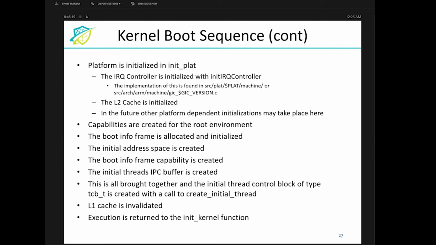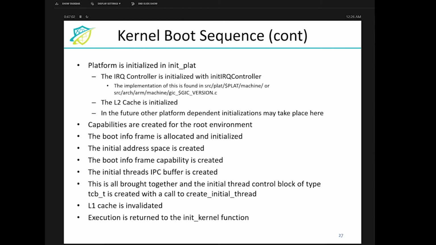The next thing that happens is we create capabilities for the root environment. So we set up the CSpace for the root thread. The boot info frame is allocated and initialized. Initial address spaces are created. The boot info frame capability is created. So the very first thing in that CSpace is our boot info frame capability. We create the threads for IPC because we want the root thread to be able to communicate with whatever we're about to set up.